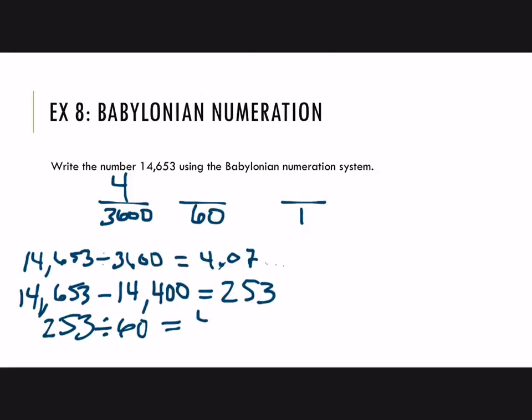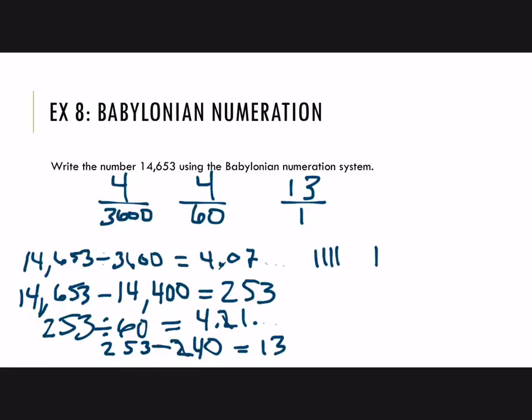And that's 4.21 etc. Okay, so 4 groups of 60, that's 240. So subtract 240. Okay, and that gives 13 left over, 13 1s. And then finally, we need to write this using Babylonian symbols. So we have 4 1s, then a space, then 4 1s again, and then a 10 and a 3.